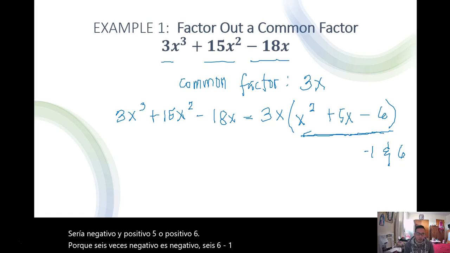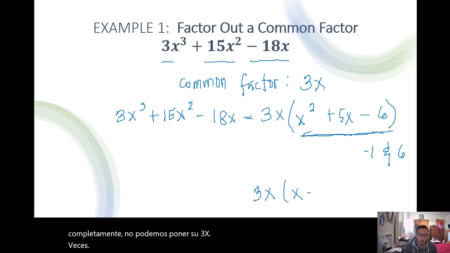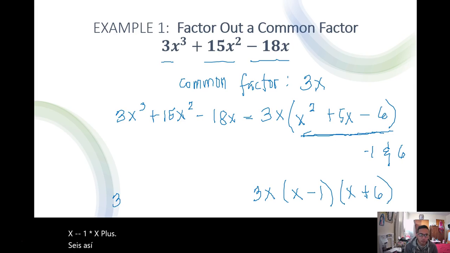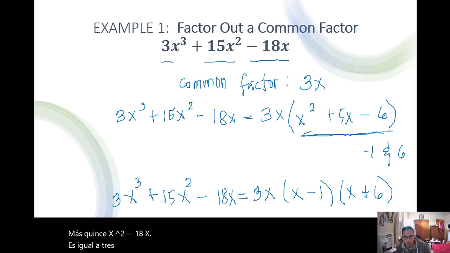Therefore, to factor it completely, we can now put 3x times x minus 1 times x plus 6. So this is now the complete factorization: 3x cubed plus 15x squared minus 18x is equal to 3x times x minus 1 times x plus 6.